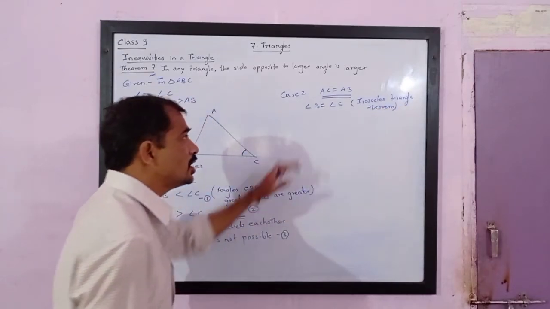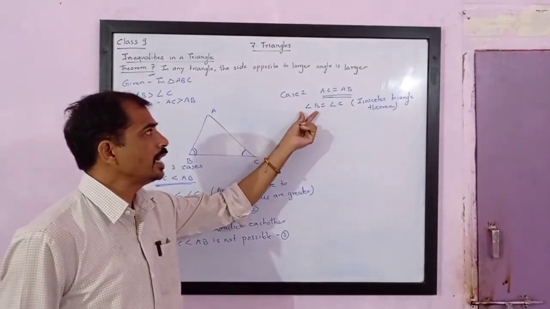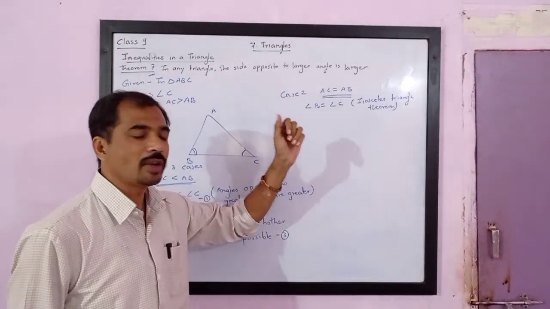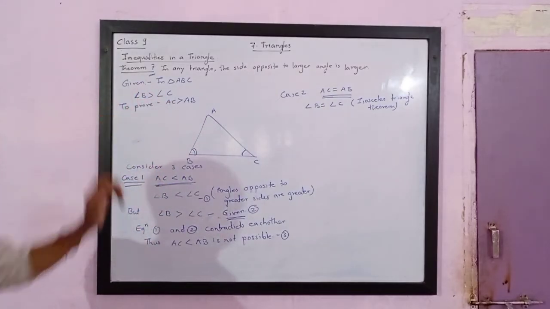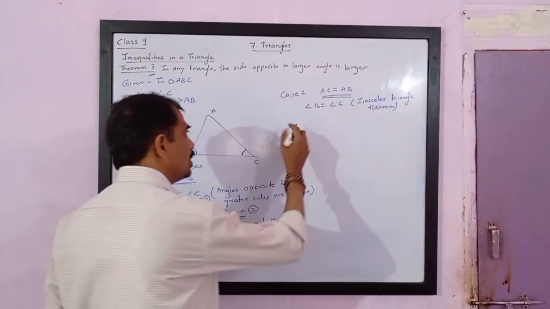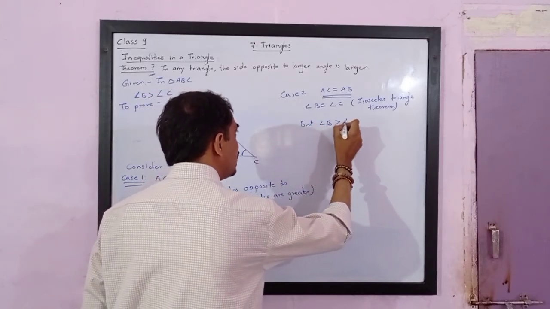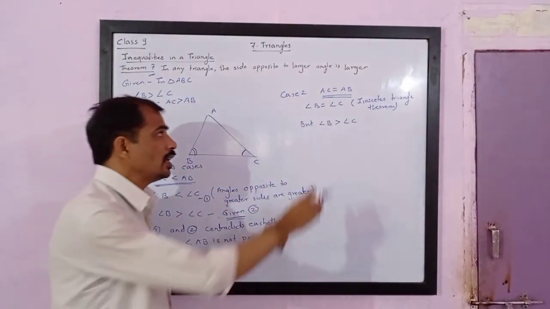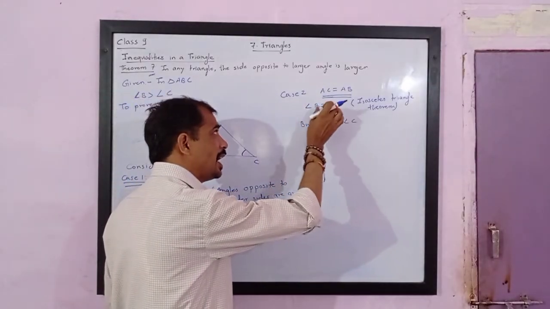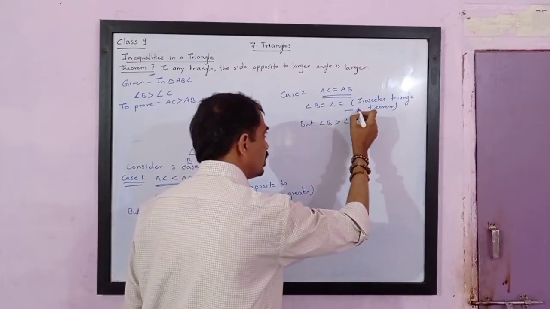Now please note, this is also not possible. Angle B equal to angle C is not possible. The reason is we are given that angle B is greater than angle C. If it is greater, it cannot be equal. Understand this. Now, angle B greater than angle C and angle B equal to angle C, these two statements again contradict each other.